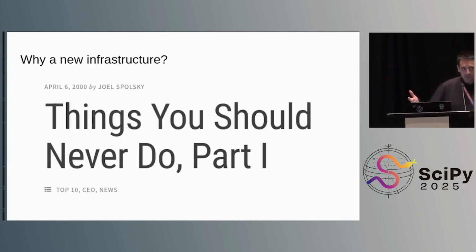So why a new infrastructure? I think many of you are probably aware of Joel Spolsky's classic article, Things You Should Never Do, Part 1, about what a train wreck it was when Netscape was completely rewritten from scratch, and it destroyed them more so than Microsoft or anything.